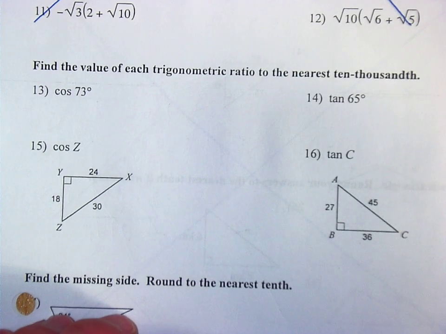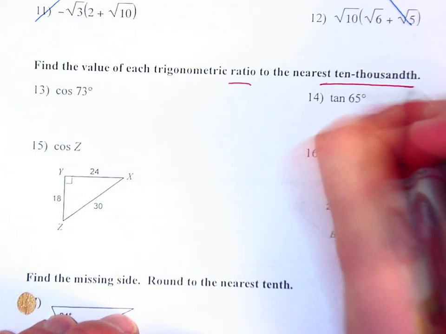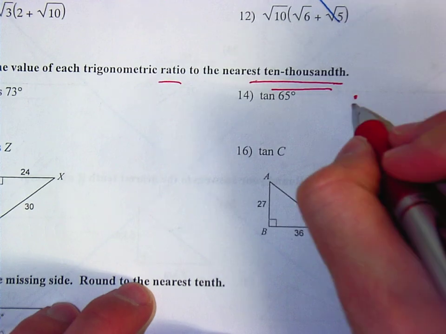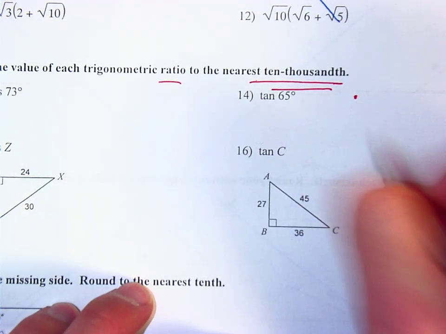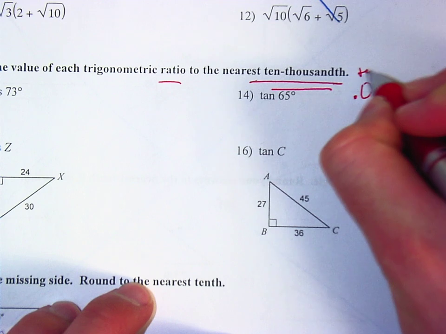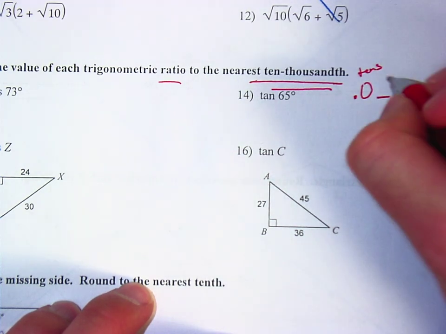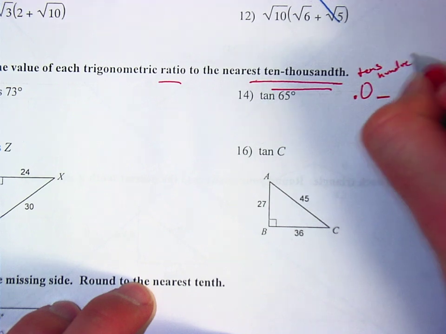They want us to find the value of each ratio, and they want us to round to the nearest 10,000th. Now, that can be kind of confusing, but if we think about our number, and here's our decimal, well, this is going to be the tenths place. Next to it, that's going to be the hundredths.